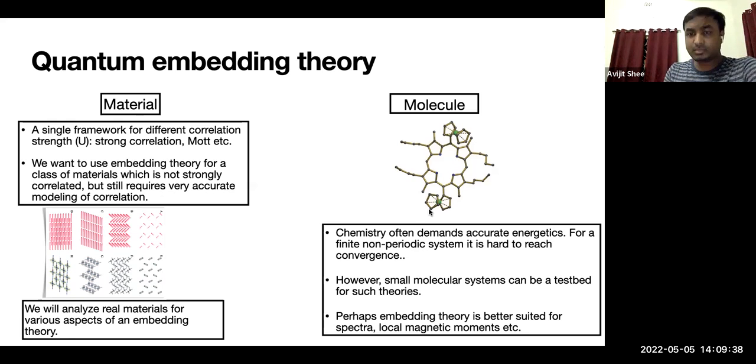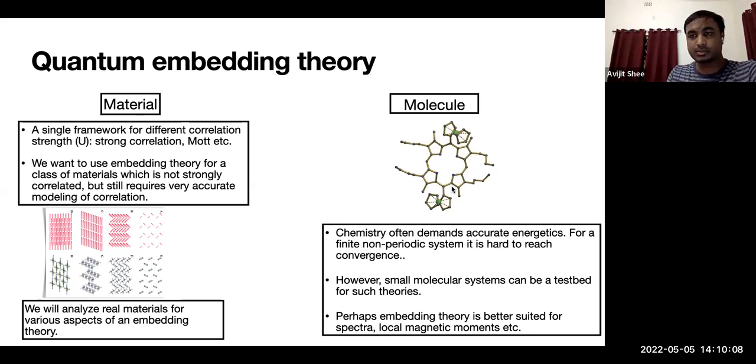But for molecules, my point of view is that we often demand very accurate energetics, and for a finite non-periodic system, it is very hard to reach convergence with respect to a particular choice of the embedding region.